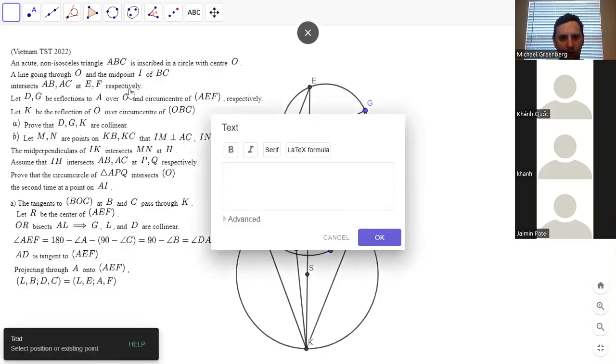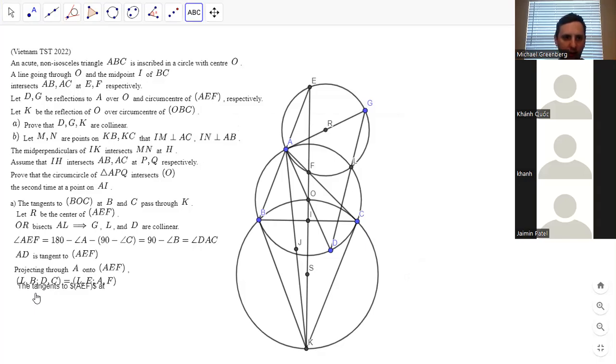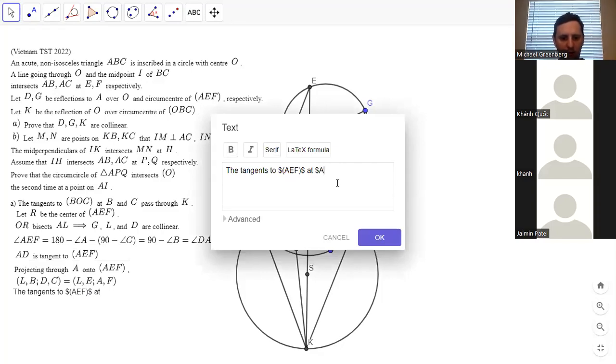So the tangents to AEF at the two points A and L, and EF concur at point O. And that means that LEAF is harmonic, which implies LBDC is harmonic.